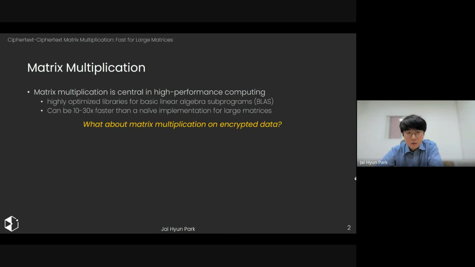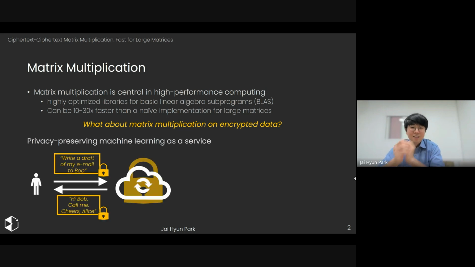Then what about matrix multiplication on encrypted data? As I told you before, matrix multiplication is really important when we want to do machine learning, LLMs and the like. Is it also important for encrypted machine learning?